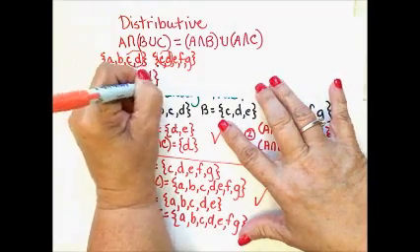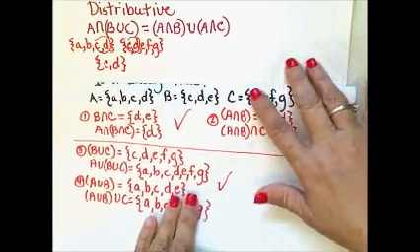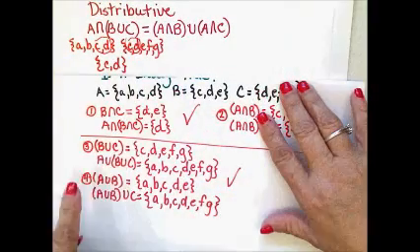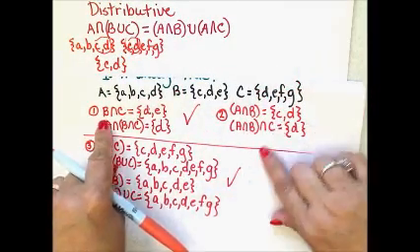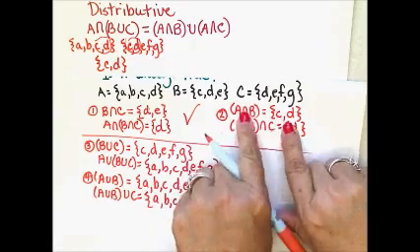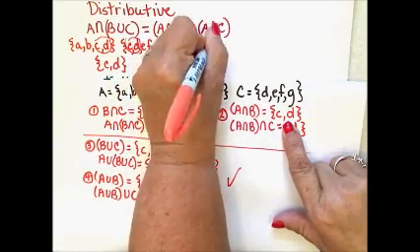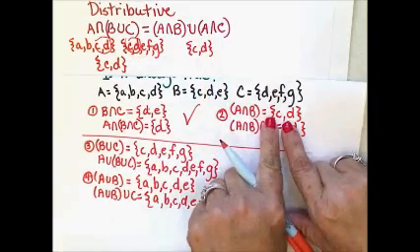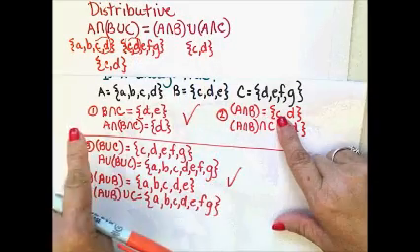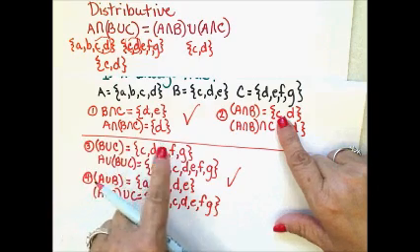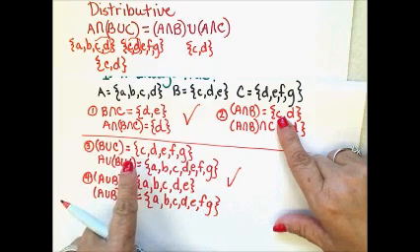All right, now let's look at this one. I've got A intersect B. So let's see. A intersect B up here is the set CD. And then A intersect C. Okay, we don't have A intersect C done.